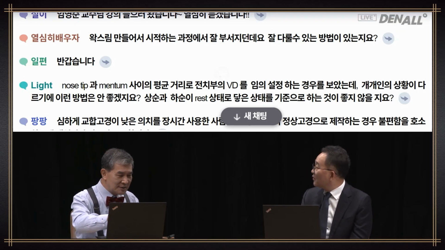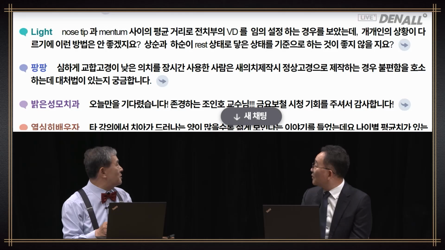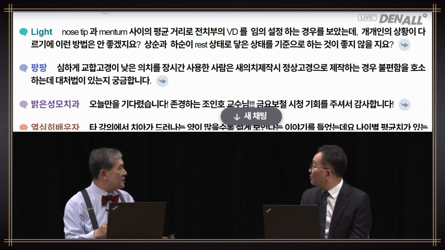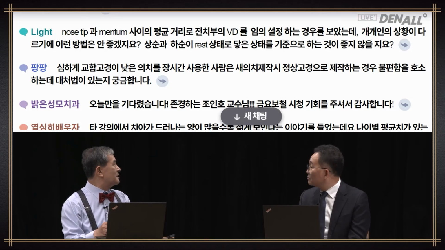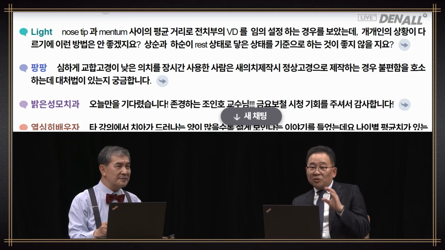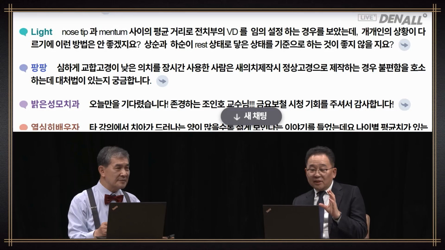Question from Light. The average distance between nose tip and mentum is used to set VD randomly for the anterior area. So it may differ depending on different individuals, right? Should I use the position where the upper and lower lip are in contact at rest as a reference? Regardless of the technique you use, there is no one size fits all.